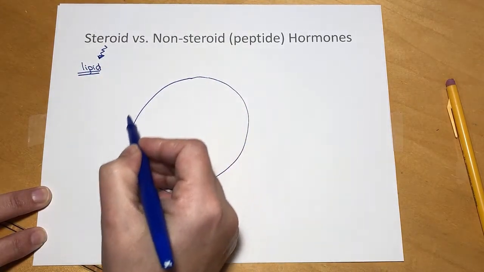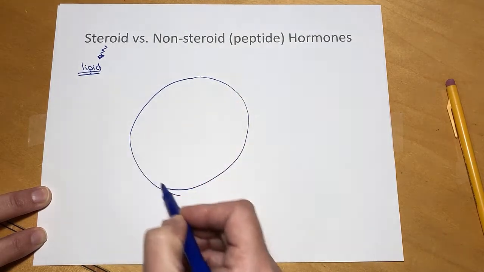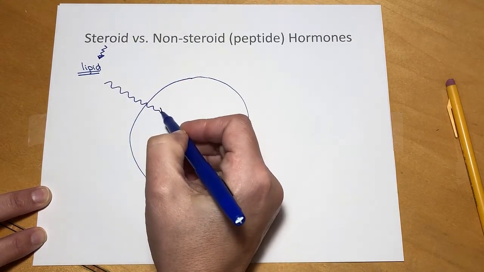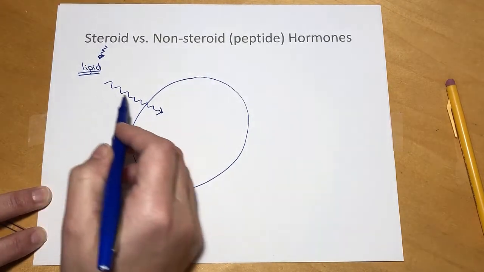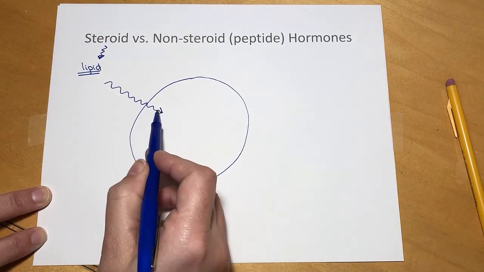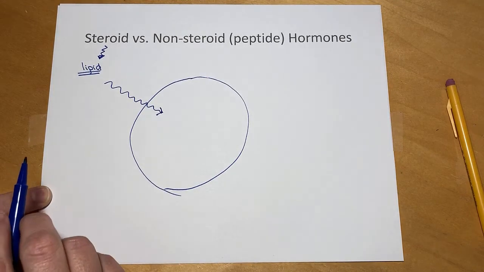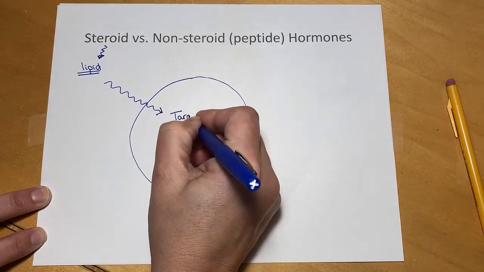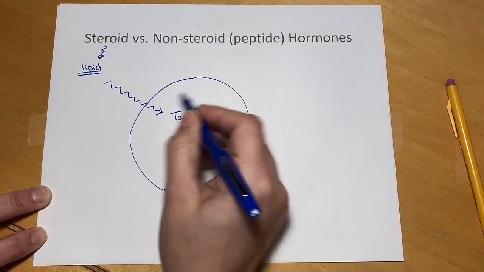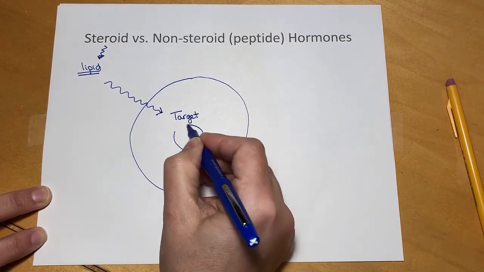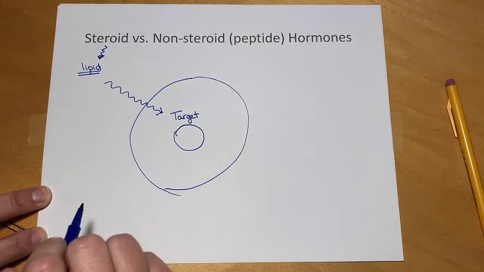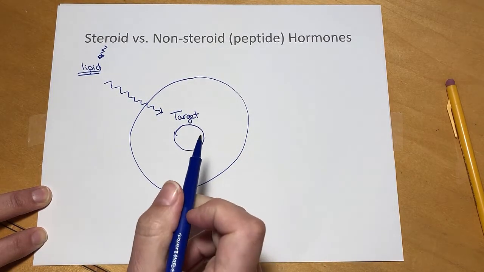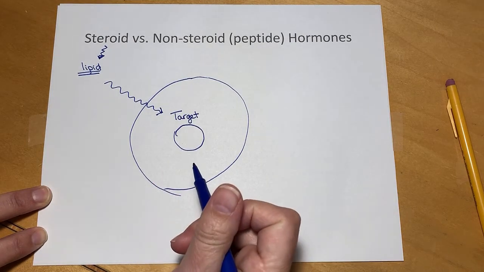And remember that our phospholipid bilayer allows lipids to move through it. So steroid hormones can actually diffuse through the plasma membrane of the cell. They bind to their target inside the cell. Sometimes it can be in the cytoplasm. Sometimes that target can actually be inside the nucleus. And they generally tend to turn on or turn off transcription and translation.